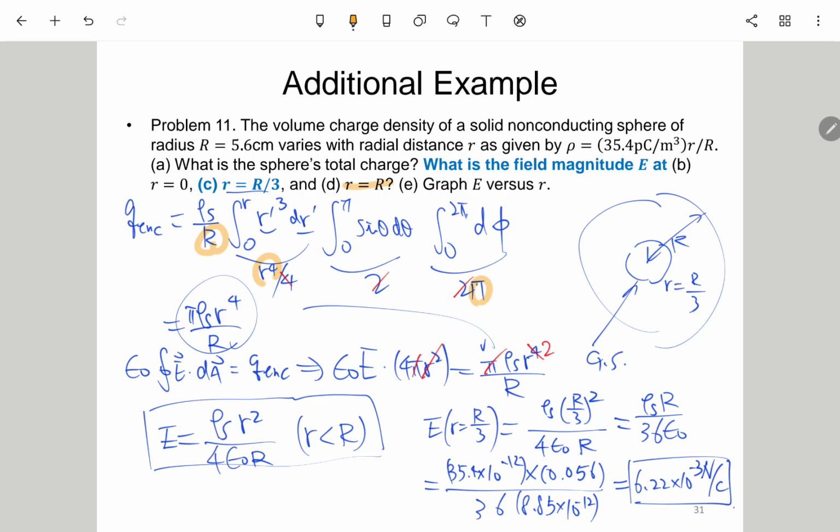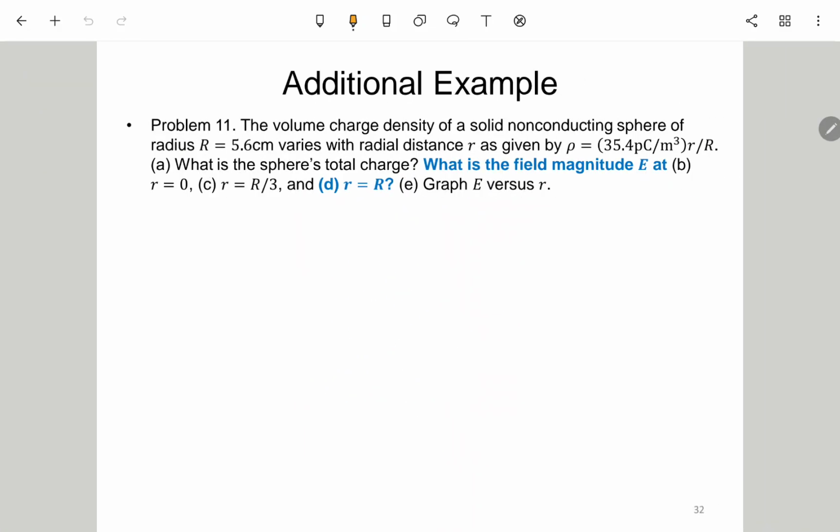So for question D, we need to calculate r equals capital R. The lucky thing is that we already have the total charge. The total charge is Q equals pi rho S R cubed according to question A. So this total Q equals epsilon naught E times 4 pi r squared.